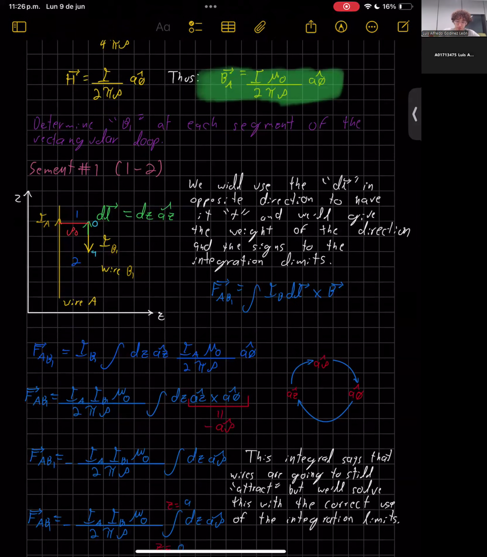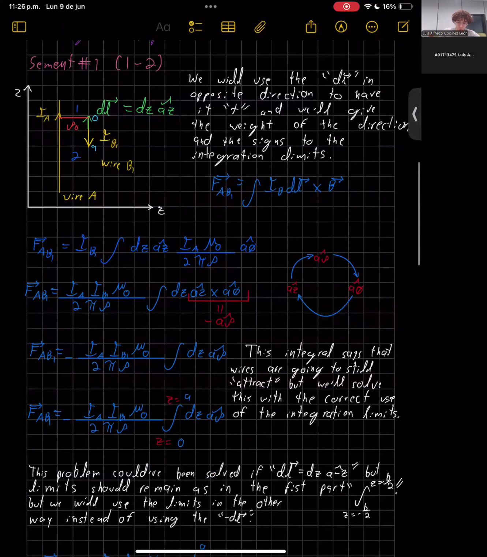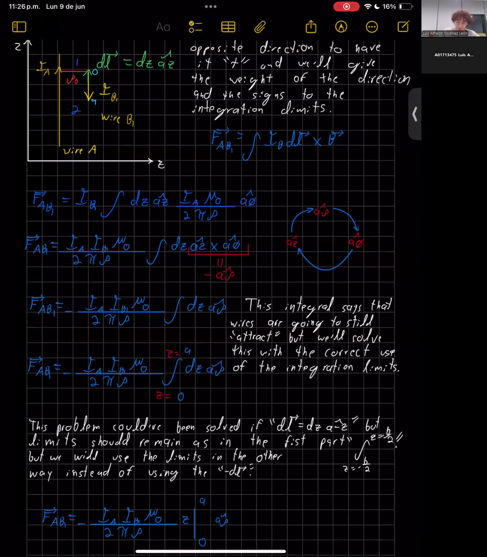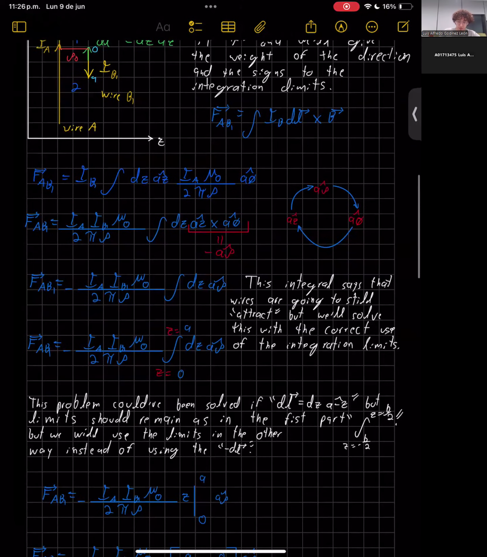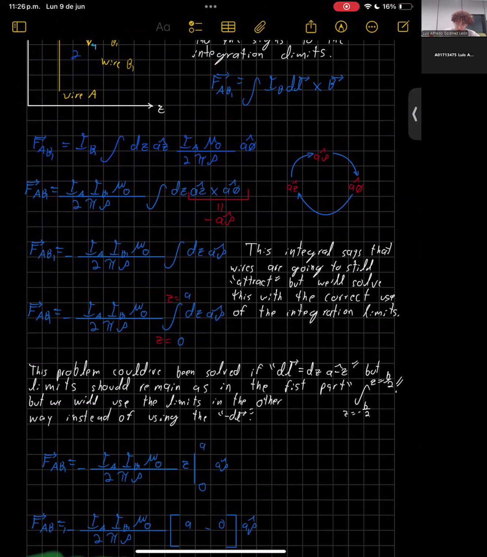So here we're going to use the differential of line in the opposite direction to have it positive, and we'll give the weight of the direction and the signs to the integration limits. So we have then this formula. We started by doing substitutions and multiplications.